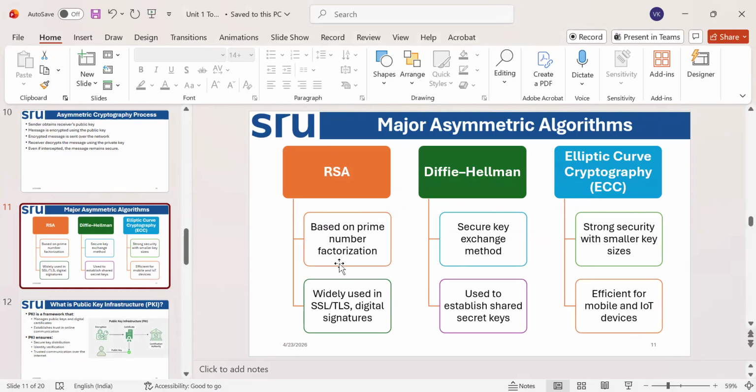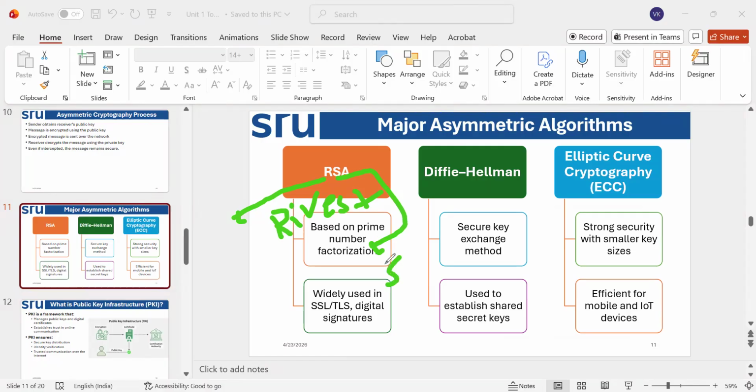If we talk about RSA, the full form is Rivest Shamir Adleman.